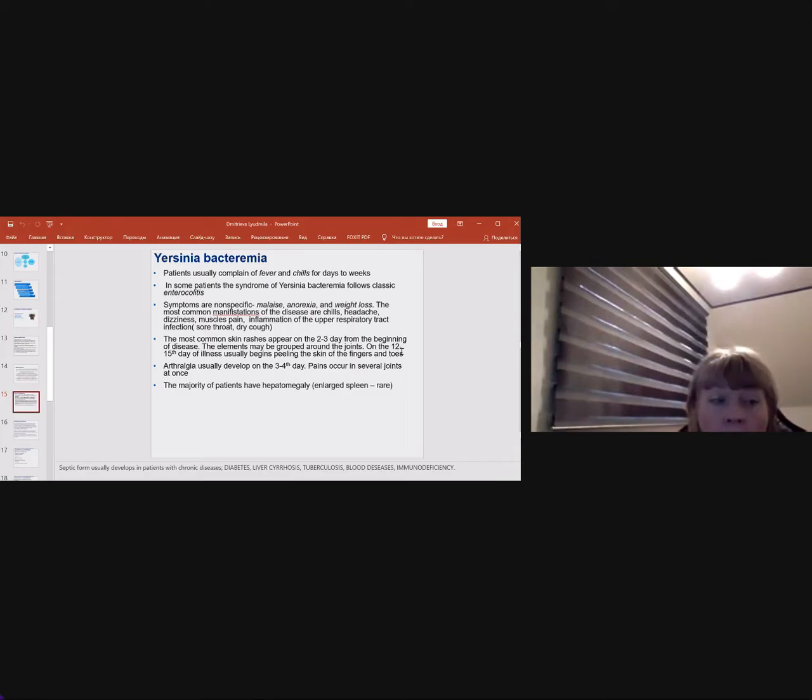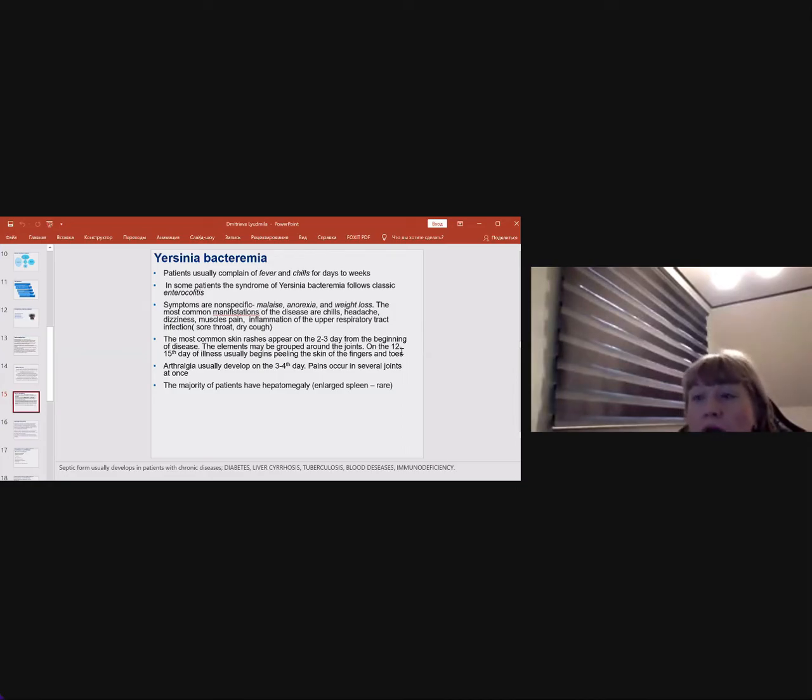Intoxication syndrome, catarrhal angina, red rash elements on the skin, strawberry-like tongue, and desquamation of the skin of the distal parts of extremities, the same symptoms.